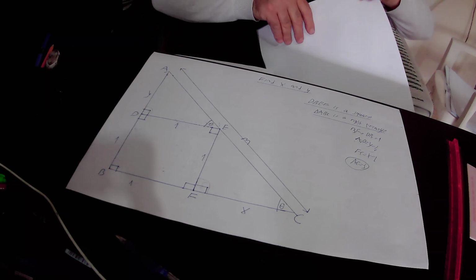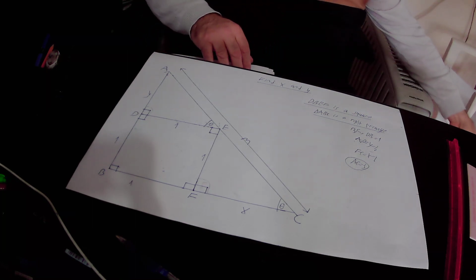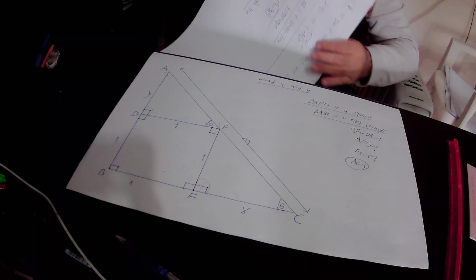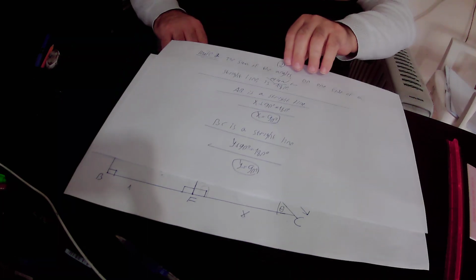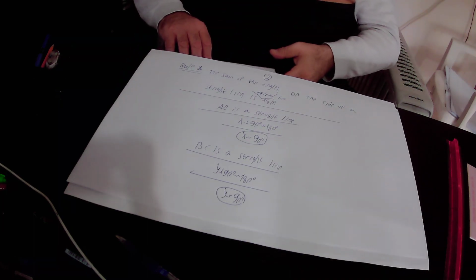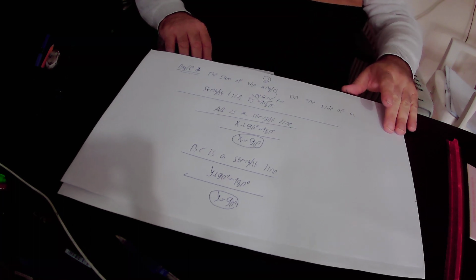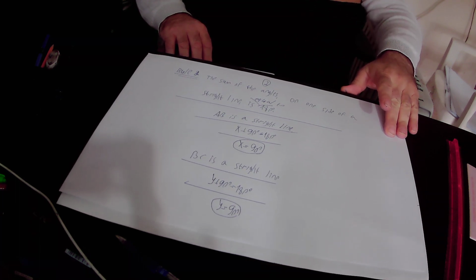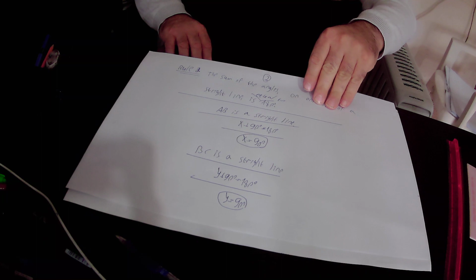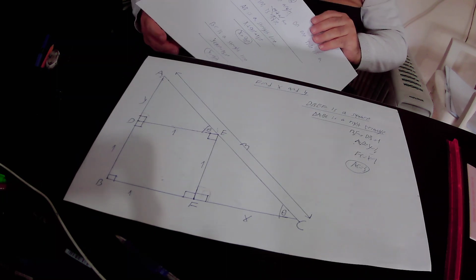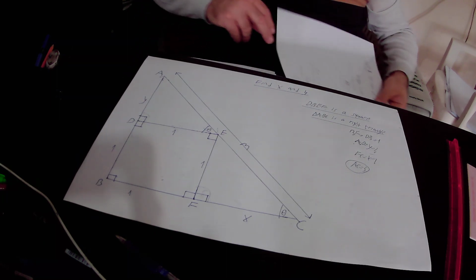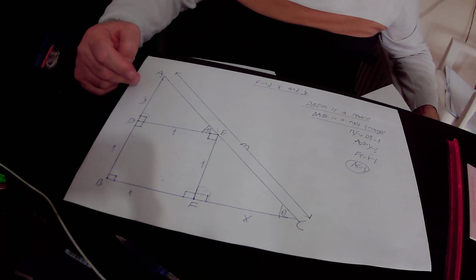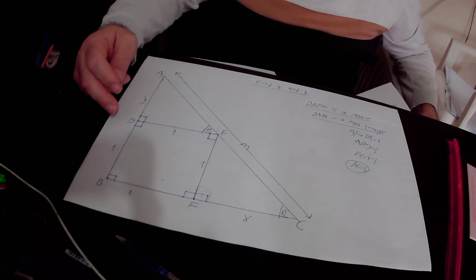Then I presented to you rule number 2. According to rule number 2, the sum of the angles on one side of a straight line is equal to 180 degrees. So here we have AB, one side of the right triangle ABC, therefore it is absolutely a straight line.